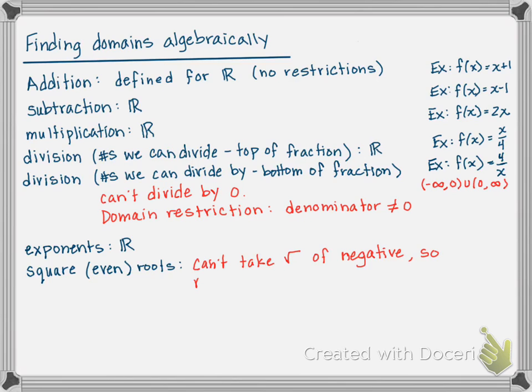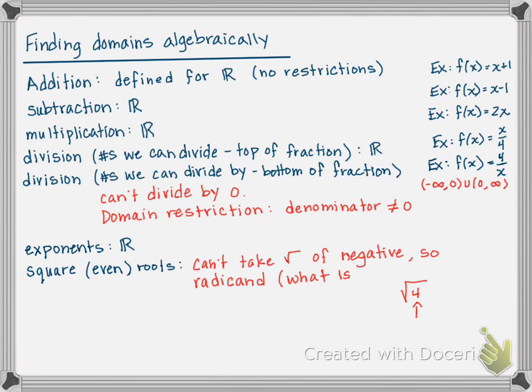So the radicand, we call it, which is what is under. Does it make more sense if I say under to you or inside? Like if I'm talking about that thing right there. Is that inside the radical or under the radical?